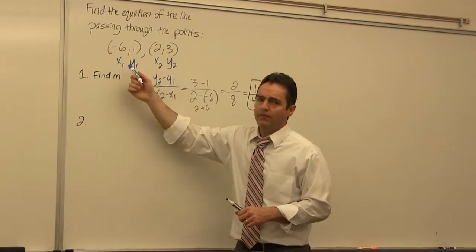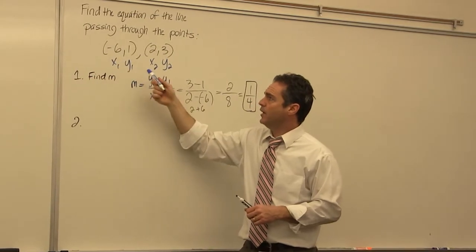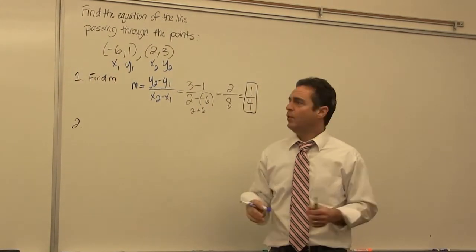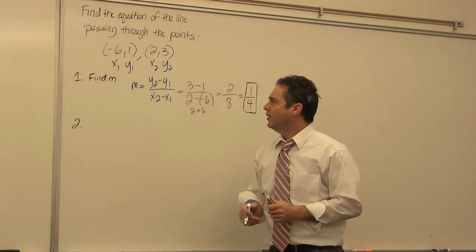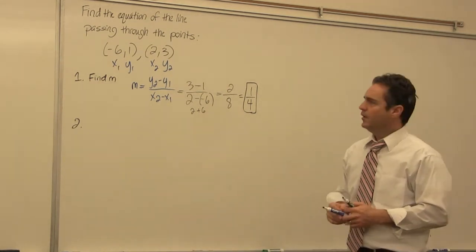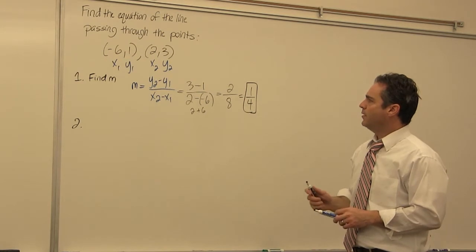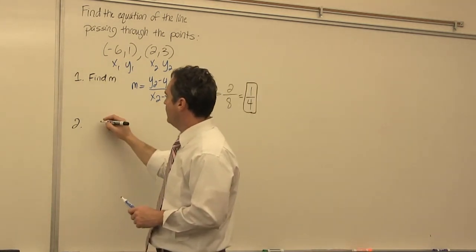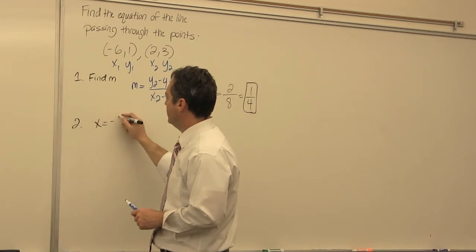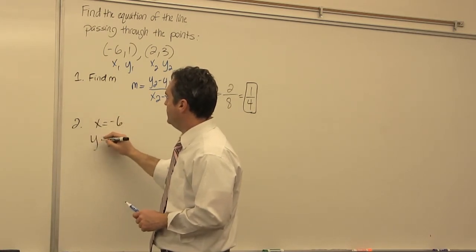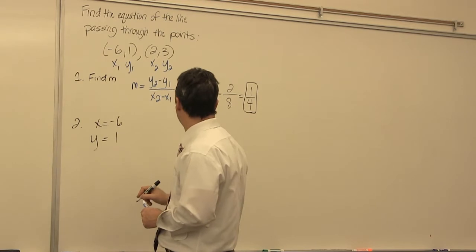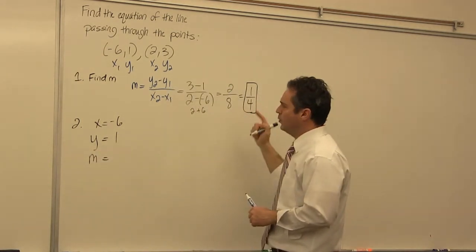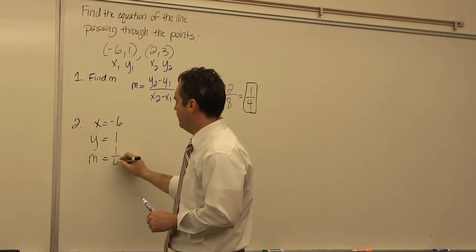We have 2 values of x, here and here, and 2 values of y. So which one do we use? Well, it doesn't matter. We can pick either one. It's up to you. So let's pick the first value there. We have x equals -6, y equals +1, and m equals, we just discovered, 1/4.